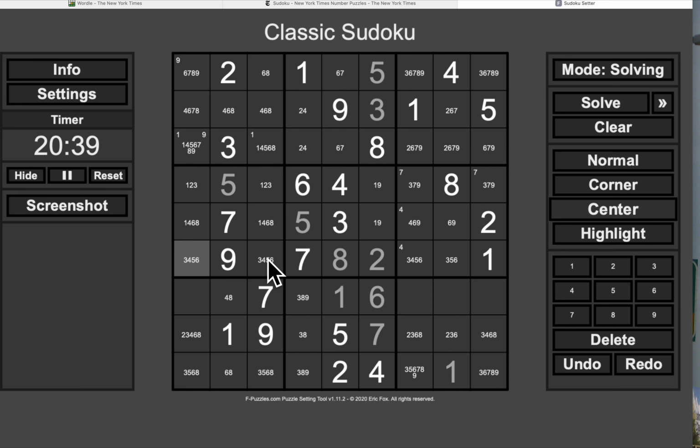Here, well, now these cells could never have been 5 once I placed it. Forces a 5 into one of these cells.